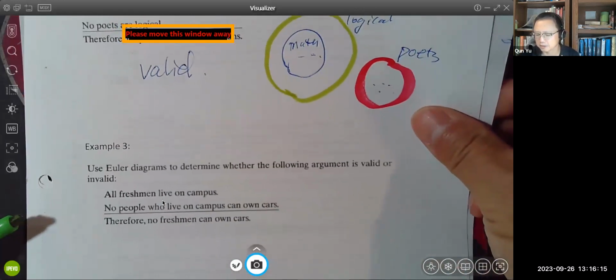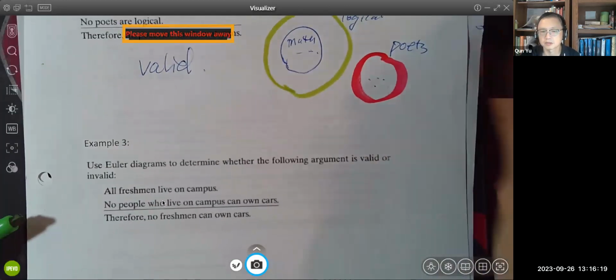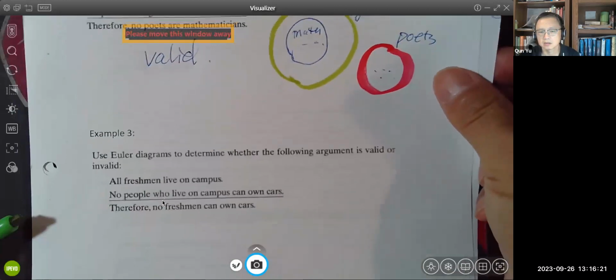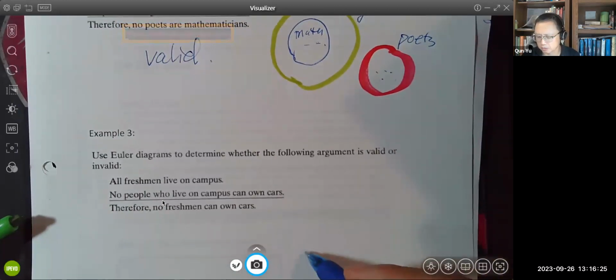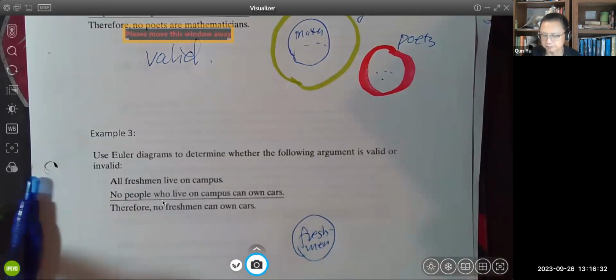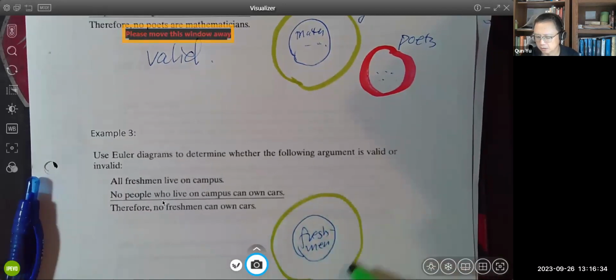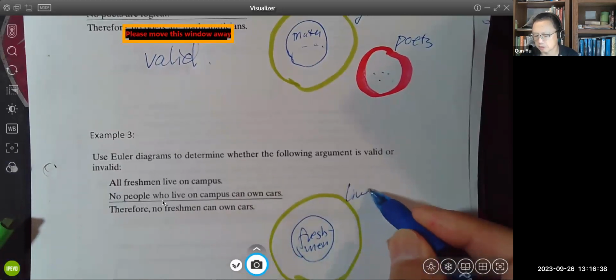Next example. All freshmen live on campus. So that's the all A are B model. Freshmen. The green circle represents those who live on campus.